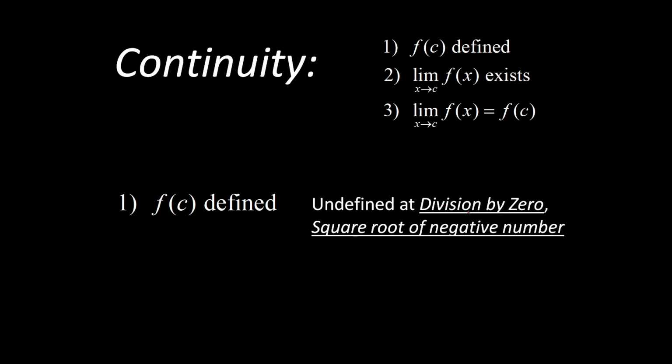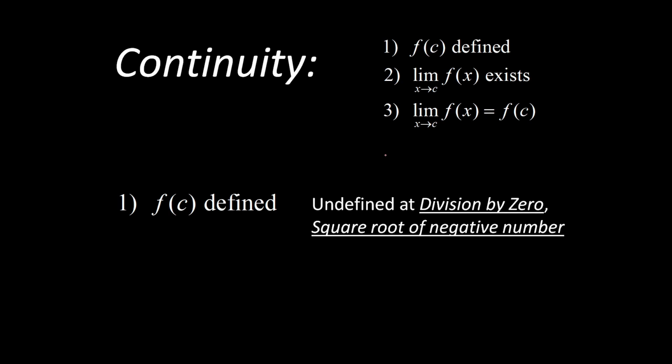If you see one of these things, or both, then the function's not defined. And if the function's not defined, then you know this automatically fails, and thus it's not continuous, it's discontinuous. So in looking for continuity, you look if there's division by 0 or square root of a negative number.